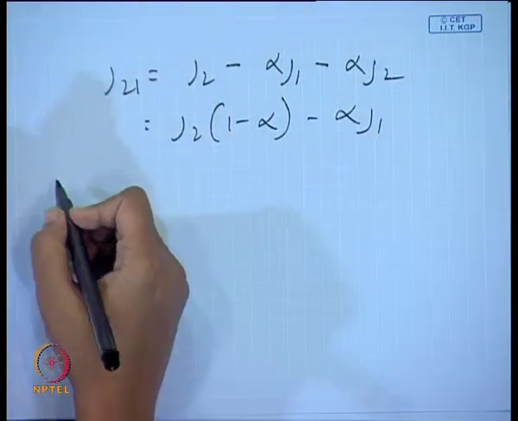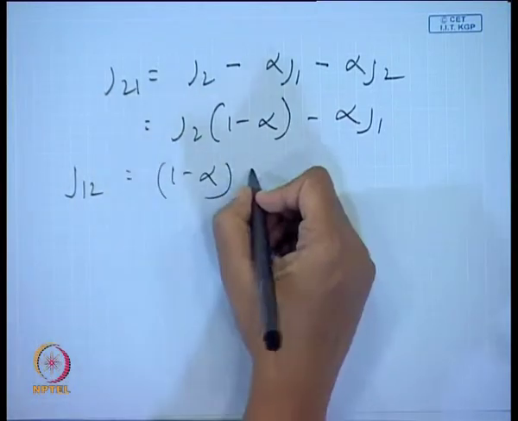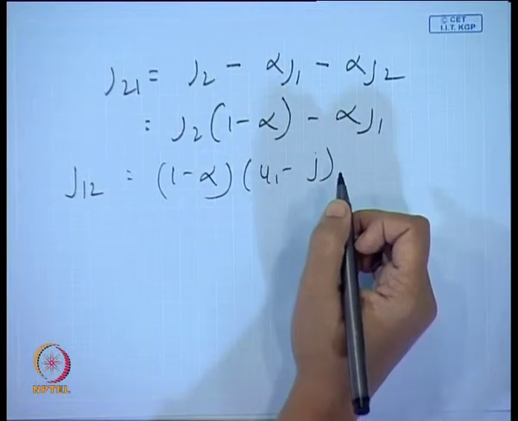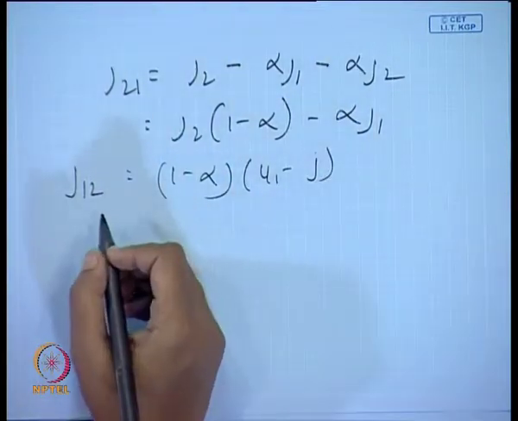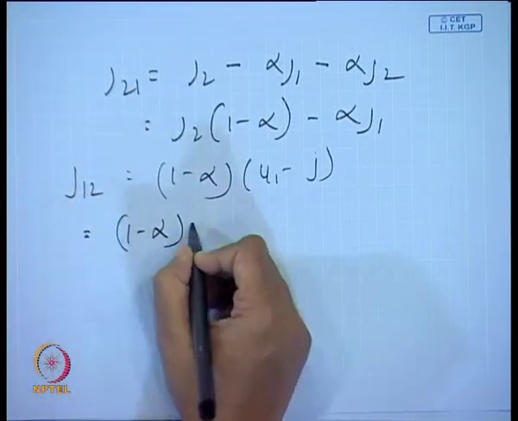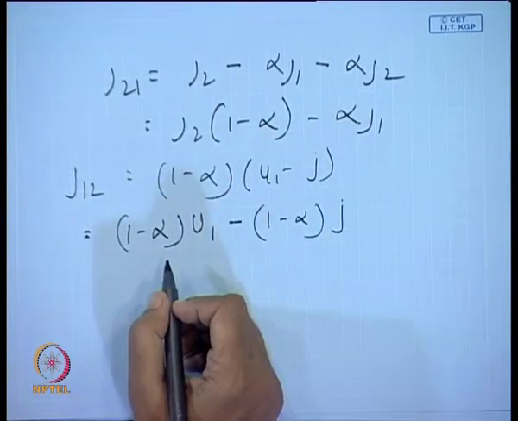Agreed? Now, what about j12? j12 is 1 minus alpha into u1 minus j. Again let us proceed in a similar fashion, let us break it down, then we get it in this particular form, okay.